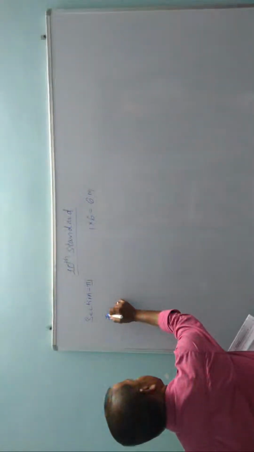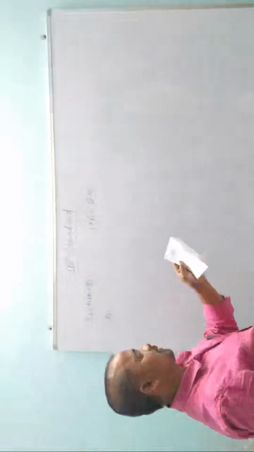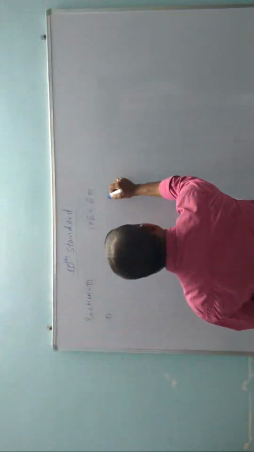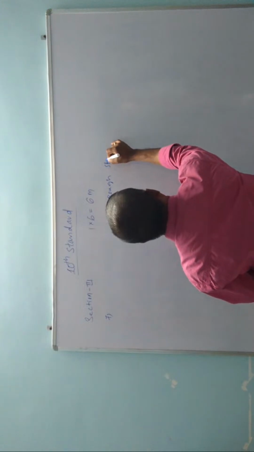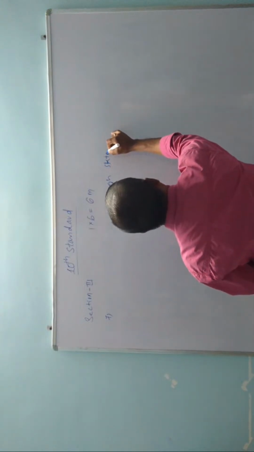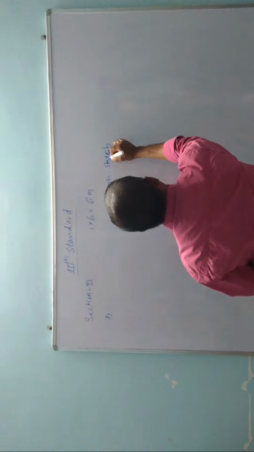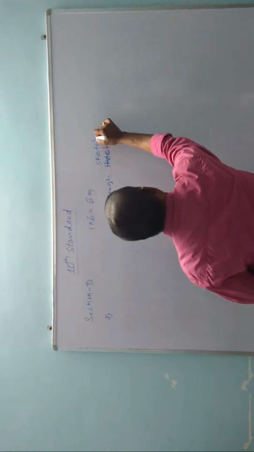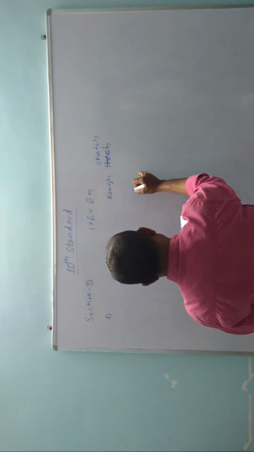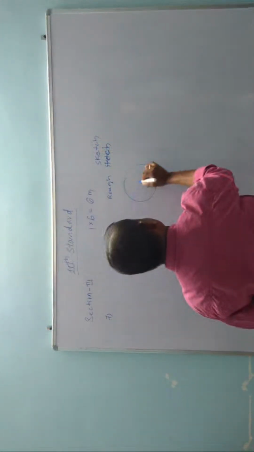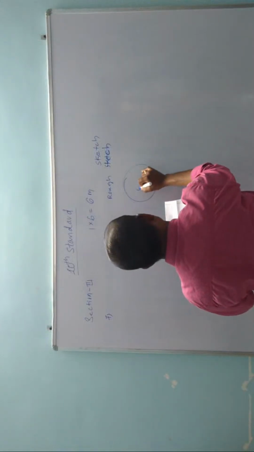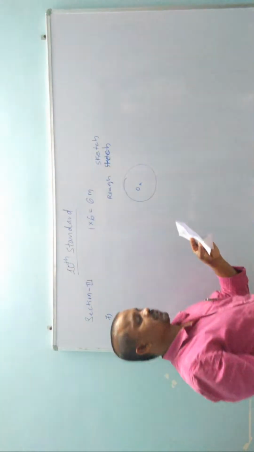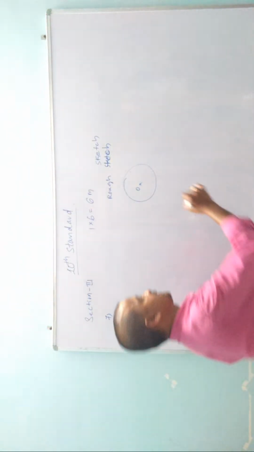The last question in this paper: draw a circle of radius 4 centimeters. Rough sketch first. Here the circle has radius 4 centimeters, and we construct a pair of tangents to the circle such that the angle between them is 60 degrees.